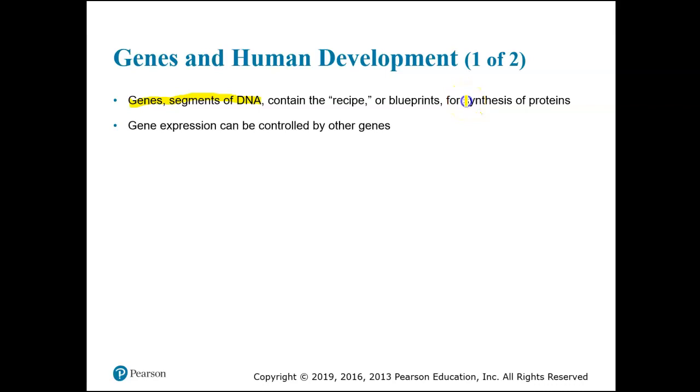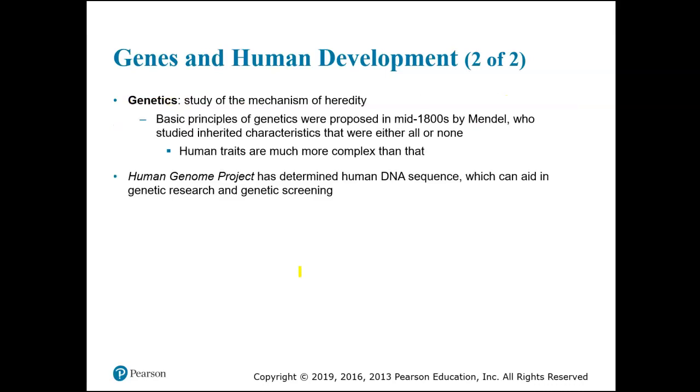So that codes for the synthesis of a protein. That's what a gene does. That's the purpose of DNA, is to make proteins. Because our body is composed of so many proteins, that's the reason that we can also say that genes code for our traits.